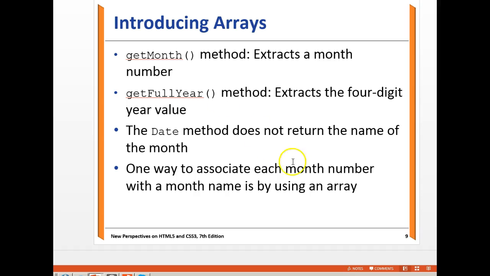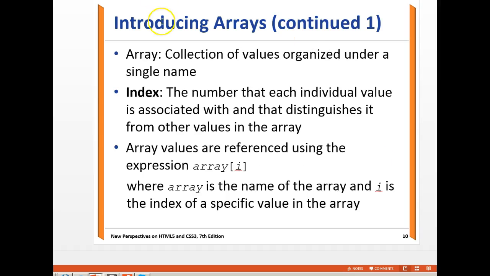One way to associate each month number with a month name is by using an array. So let's look at that. An array is basically a collection of values that can be organized under a single name. For all arrays, one thing that you have to remember is that you need to have an index.